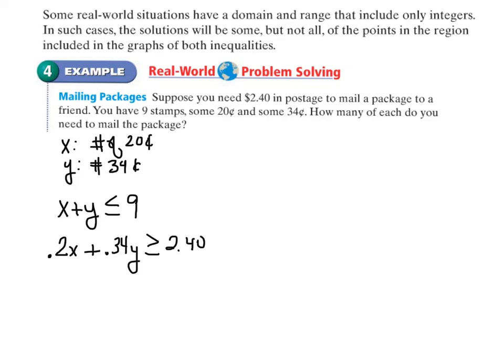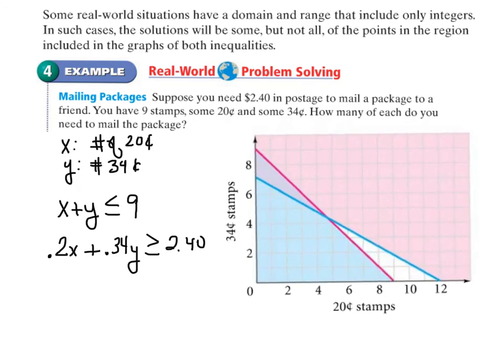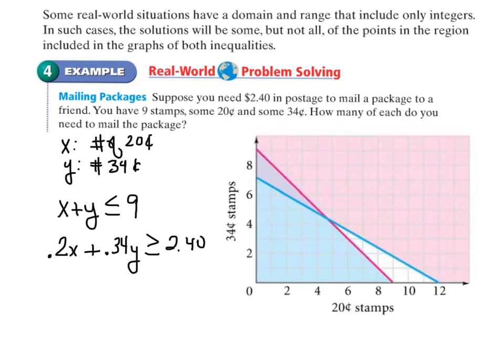Now, if you graph these, I'm actually going to cheat and have a graph already done for you. It looks something like this. I would just graph using intercepts here. X and Y are both 9, so I put a dot right here on 9 and 9. The red line represents this one. Solid line because it can be equal to, and I have to have less, so I'm going to shade everything below.